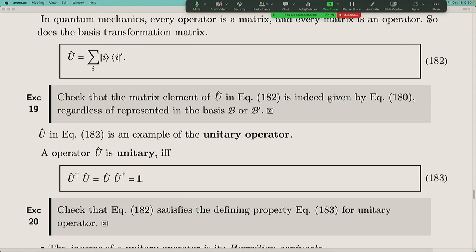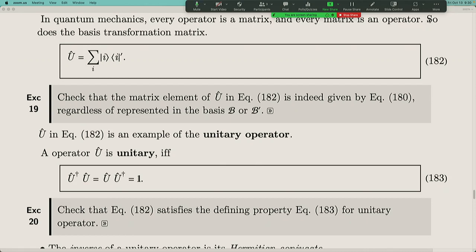At a very high level, an operator is called unitary if it satisfies this property. A unitary operator multiplied with its Hermitian conjugate, or the other way around, is always the identity. Another way of saying that is that if U is a unitary operator, its Hermitian conjugate is simply its inverse. You can take the matrix to the other side and it becomes the inverse, okay?